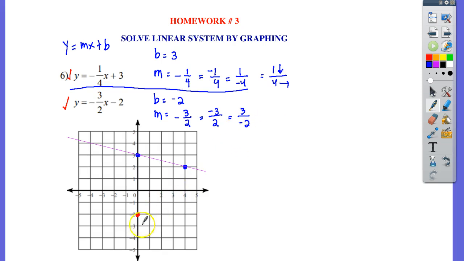So let's see. So from beginning point for the second equation is at negative 2. If I use this one, I'm going to go down 3, 1, 2, 3, then 2 to the right. If I use this one, I'm going to go up 3, 1, 2, 3, and then 2 to the left, 1, 2. Right there.